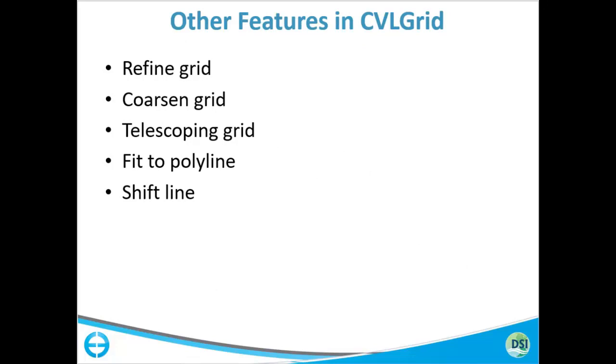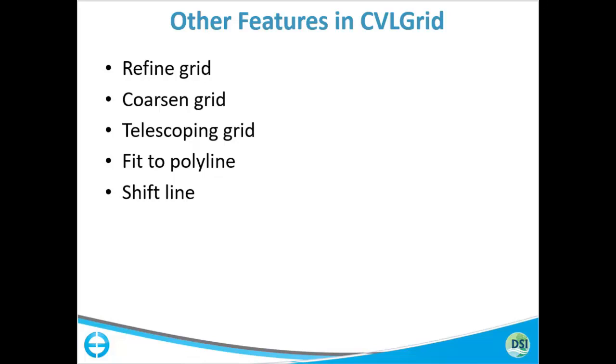Other features that we have in CBL Grid: you can refine it. Once you create a grid from splines, you can refine it globally in the I or J direction. You can make it coarser if you want to. If you think it's too detailed, you can coarsen it with a couple of clicks.